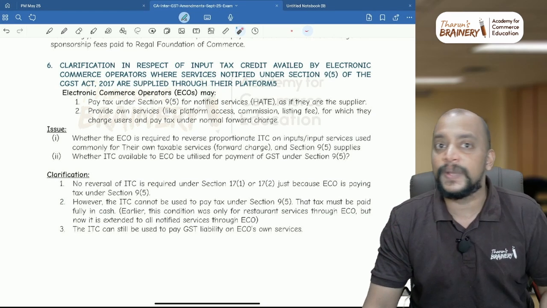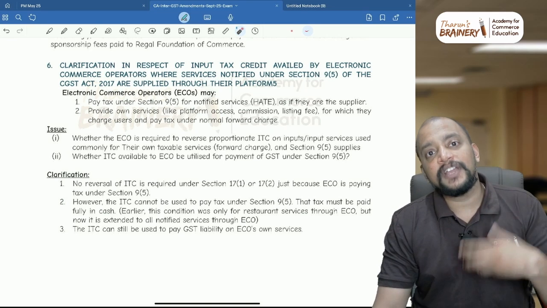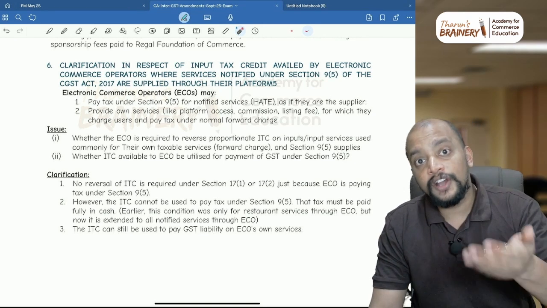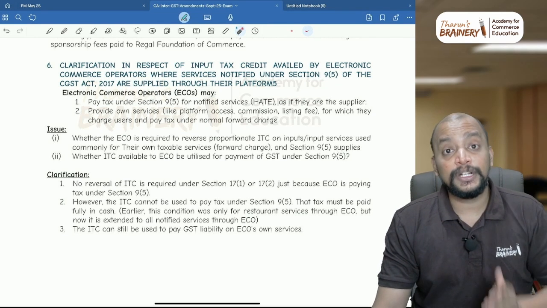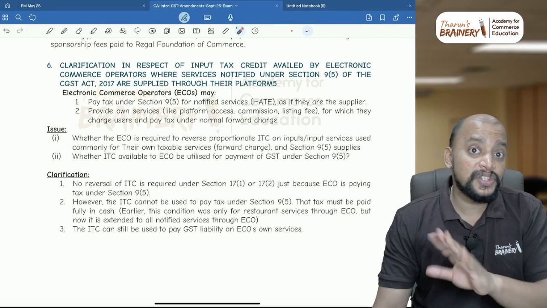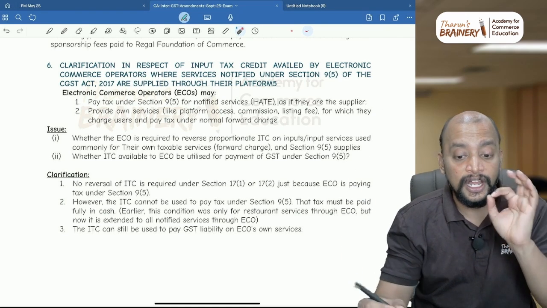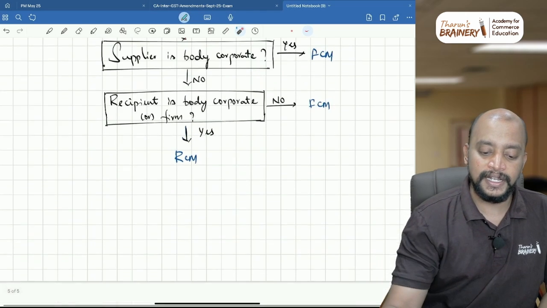For example, you take Swiggy. Swiggy will supply food and will also do the Instamart. For supply of food, they need to pay GST, but on Instamart they will not pay GST on the goods. On goods, the supplier will pay GST. They will pay GST only on the commission. So carefully listen.